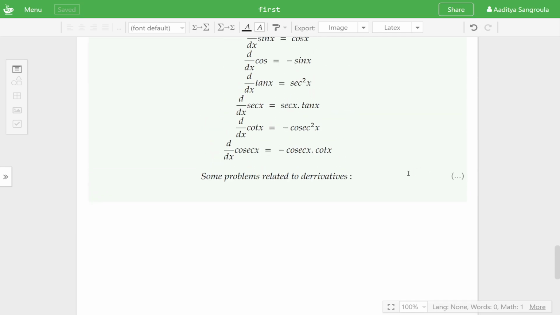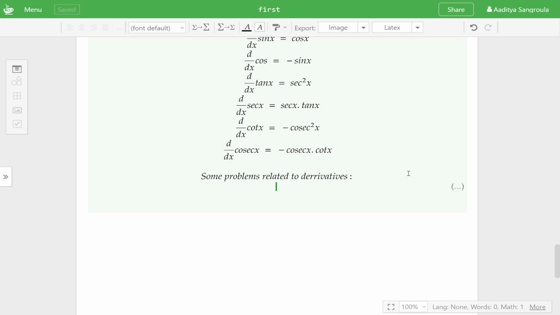Sometimes we might need it. Okay, now I have turned to the chapter with derivatives questions. We have a few questions, so now we are going to be finding the derivatives of a few functions.